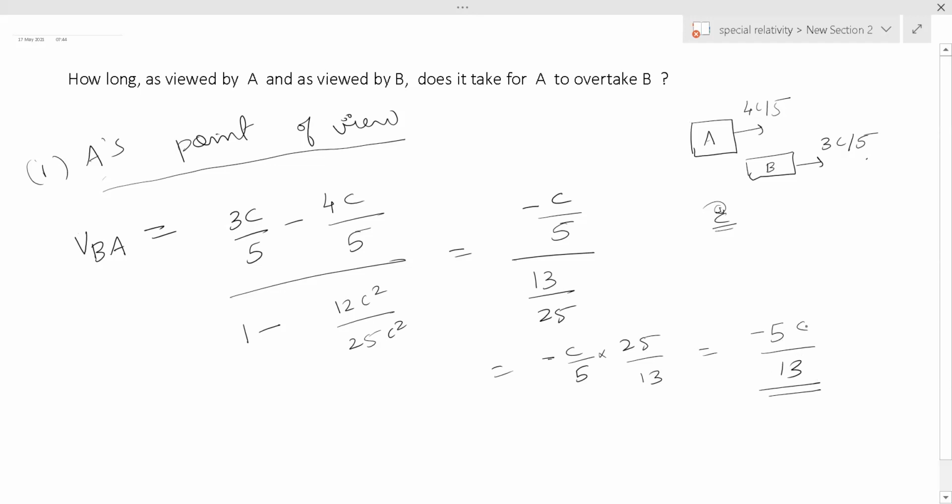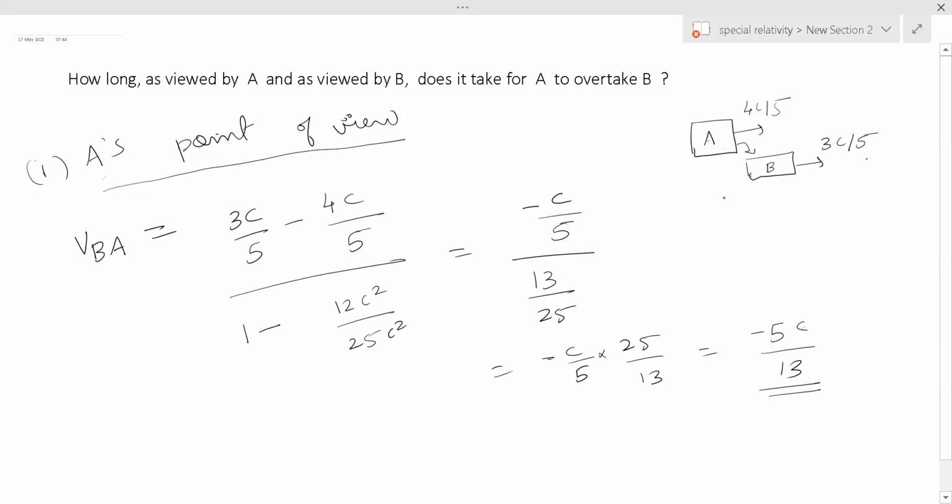What does this minus mean? Let's get the physics right here. With respect to the ground, A is traveling faster than B. So from the viewpoint of A, what would he see?